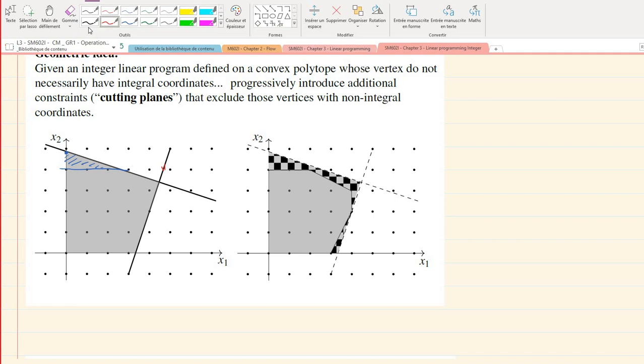And why do we exclude those that are not integer coordinates?